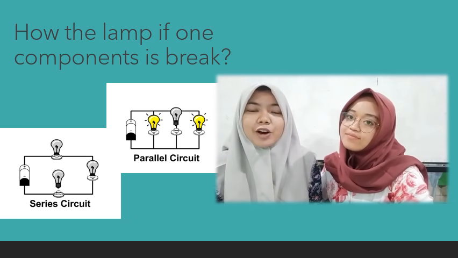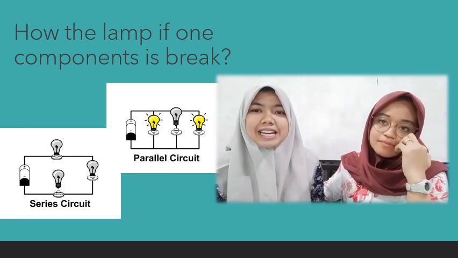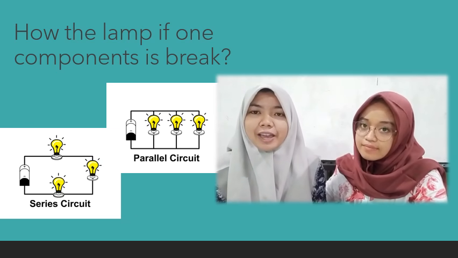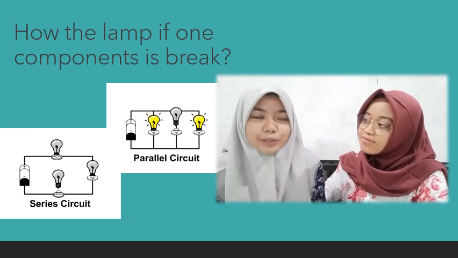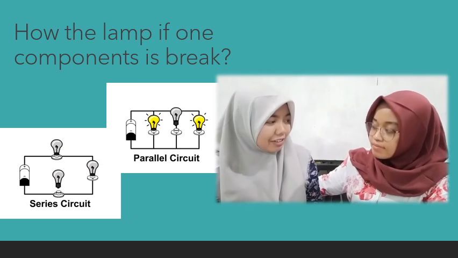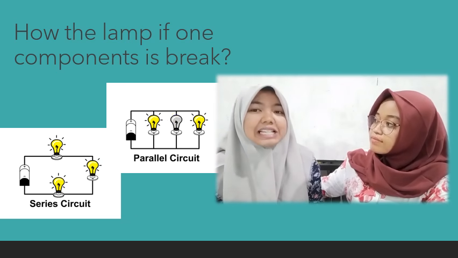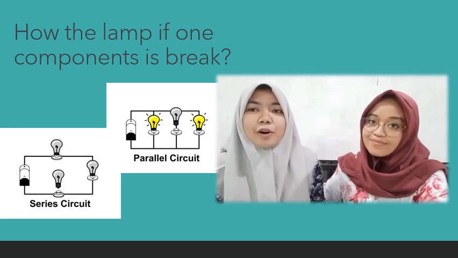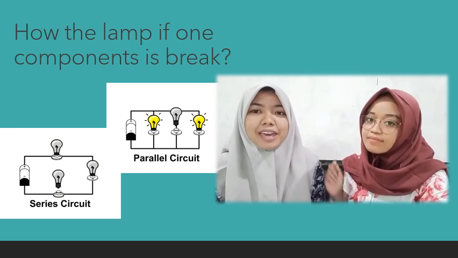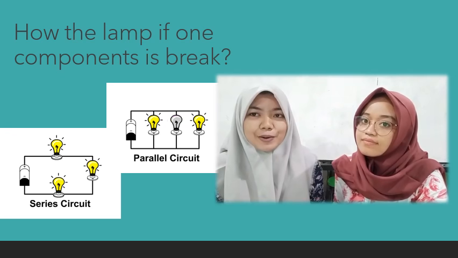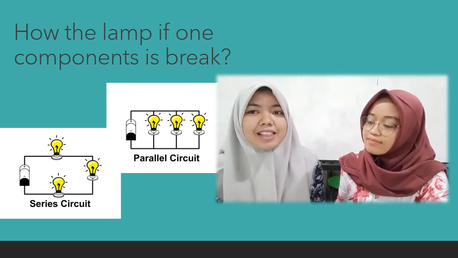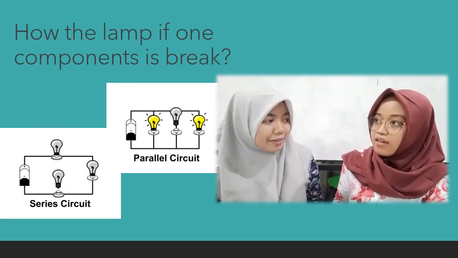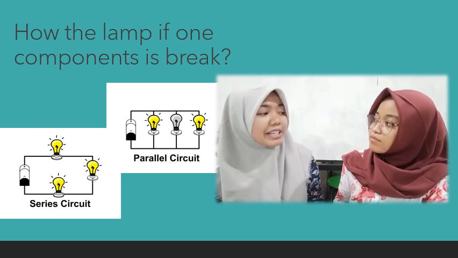If one component is broken in the series circuit, the other components or the other lamps will also break or cannot turn on. But in the parallel circuit, if one lamp cannot turn on, the other lamps, the other components, can still turn on or can still work.